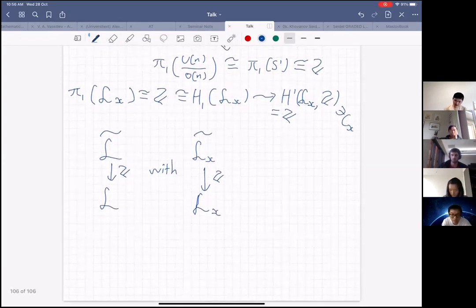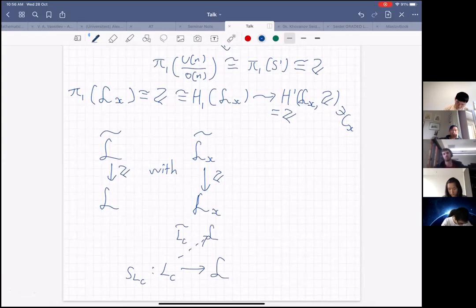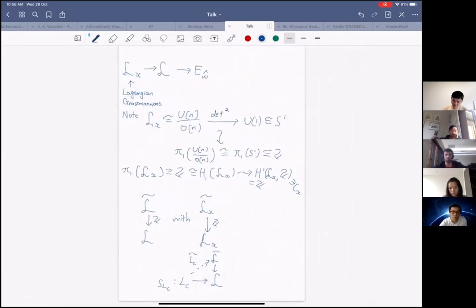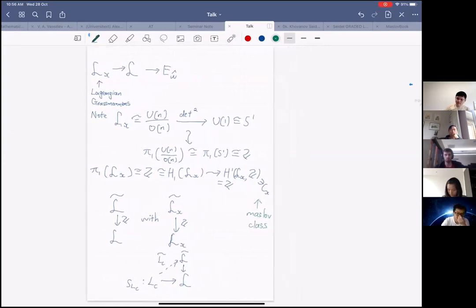After we get this, we can also get the grading for our Lagrangian submanifold. Any questions with this setup? If not, I will give the explicit construction for this.